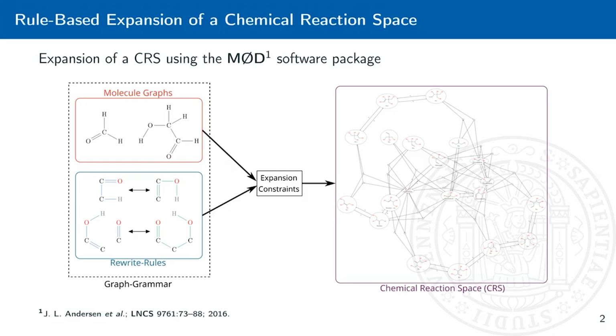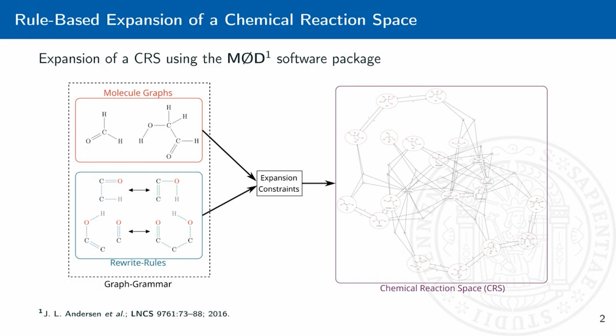First, let me give you a quick overview of the methods we want to use in this project. The main tool that is going to be used for this project is the software package MØD. As shown on the slides, the central idea behind it is that molecules can be formalized as labeled graphs, while the reactions can be formalized as graph rewrite rules.